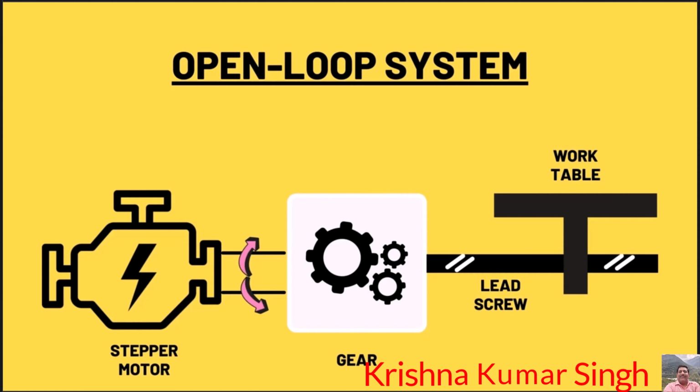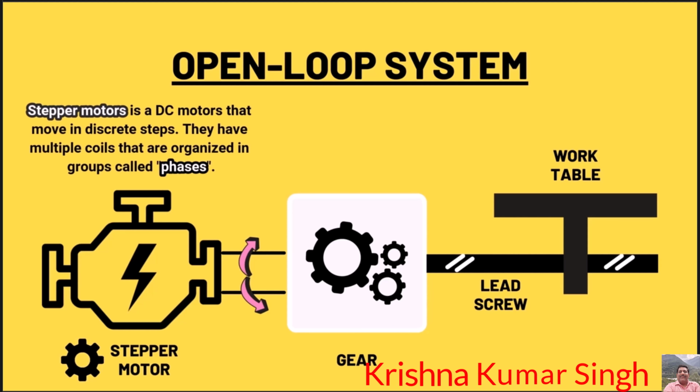The next type of CNC machine is the open and closed control loop machines. Let's discuss the open loop system first. Here, the commands for movement of the slides are given to the stepper motor. This stepper motor is a DC motor that moves in discrete steps.